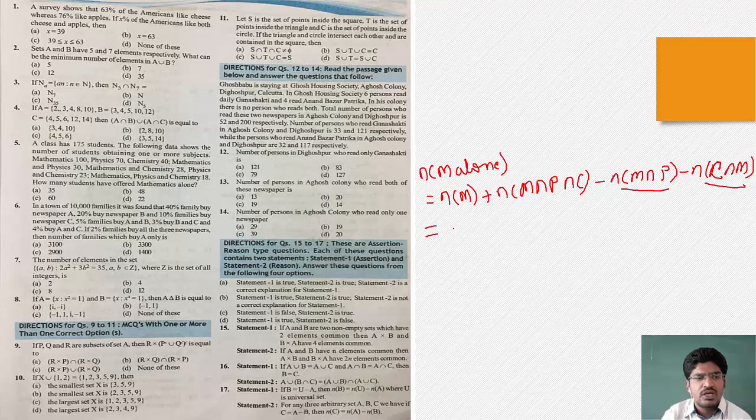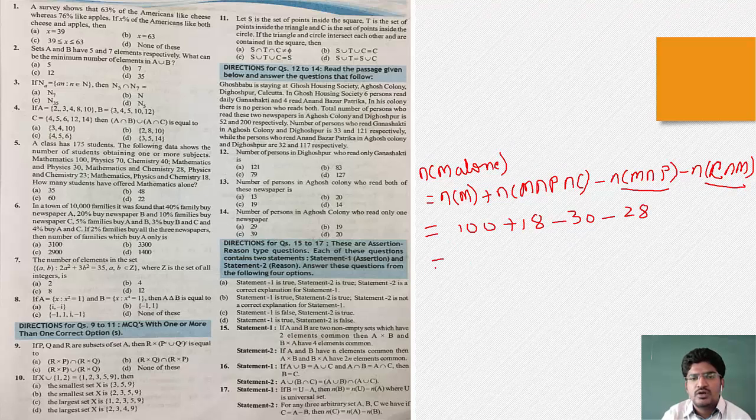n of M is how much? 100, plus n of M intersection P intersection C is how much? 18, minus n of M intersection P is how much? 30, minus n of C intersection M is how much? 28.